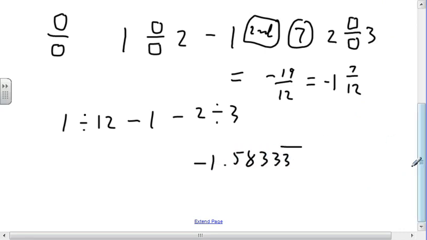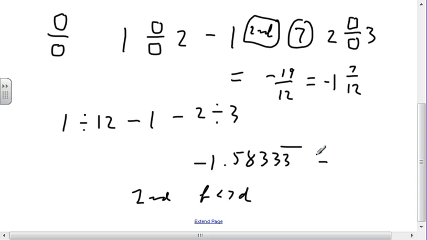1.58333 repeating. If I use my second function key, and you see the squiggly equal sign on the bottom, just above the enter key, that says F, arrow, arrow, D. If I hit that key, that changes my decimal number to a fraction, or my fraction to a decimal number.